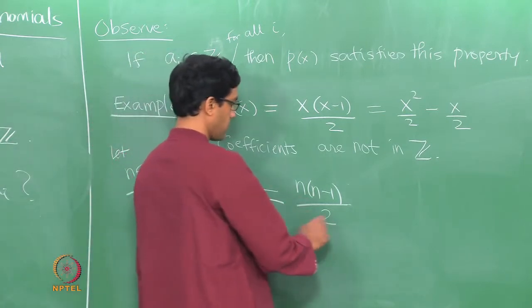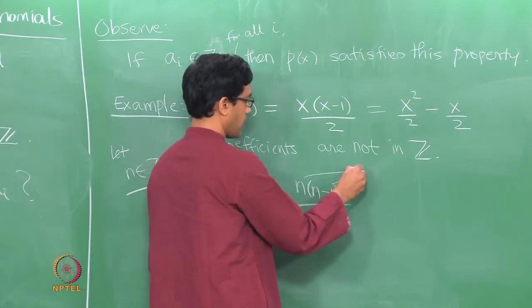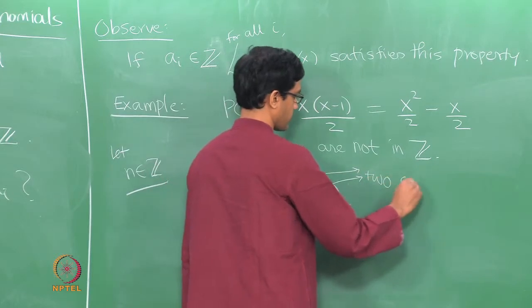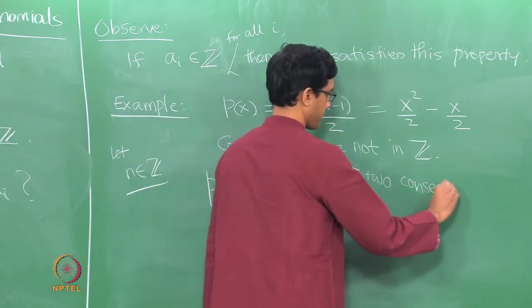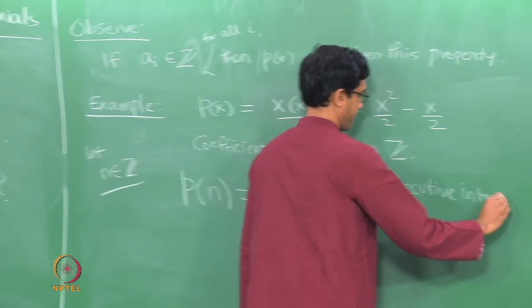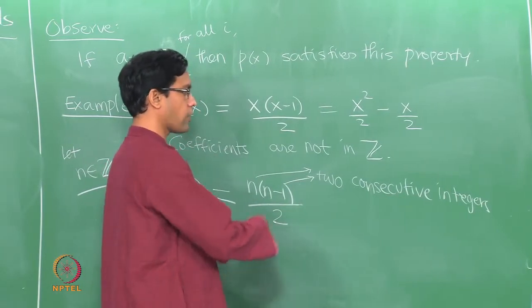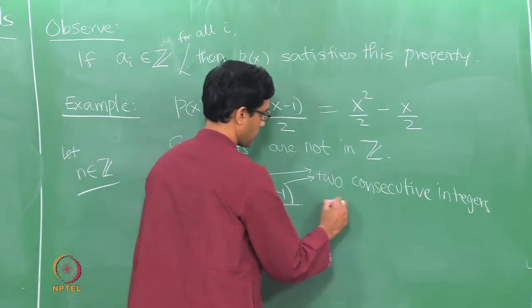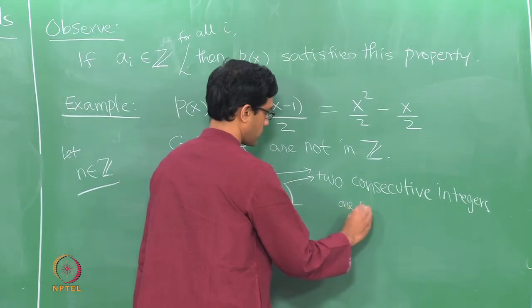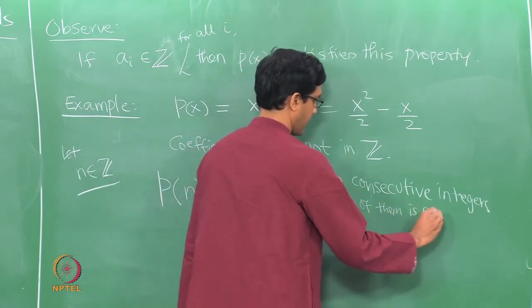Okay. Now, observe that n and n minus 1 are two consecutive integers. Now when I have two consecutive integers, one of them will be odd and the other will be even, right. So I really only care about the even part.